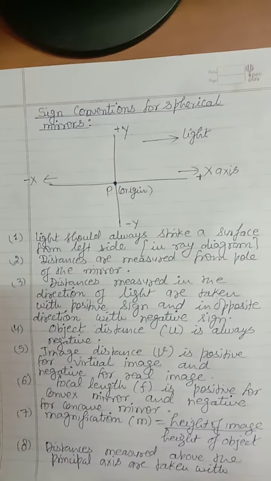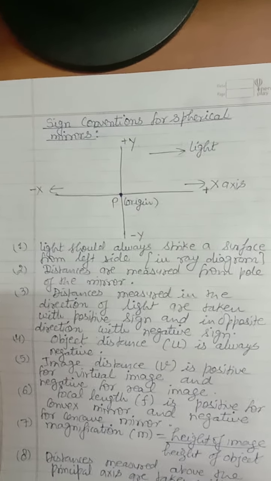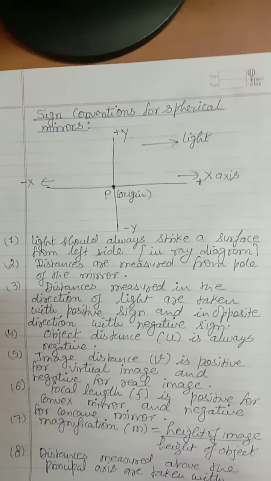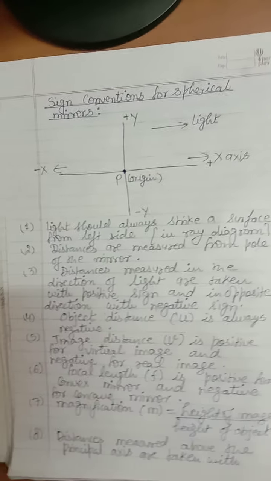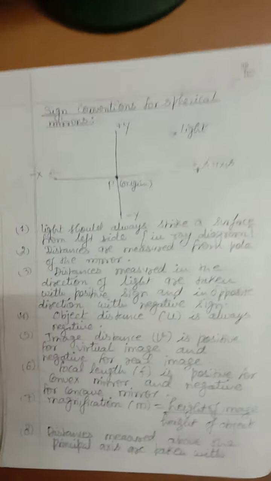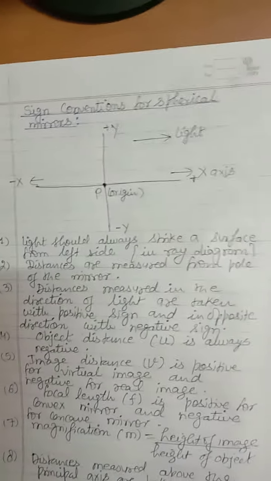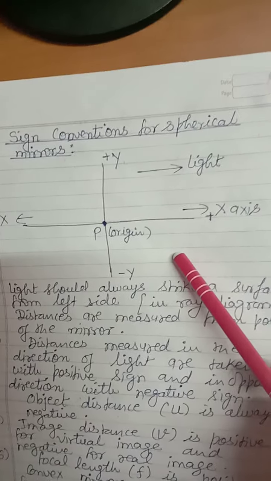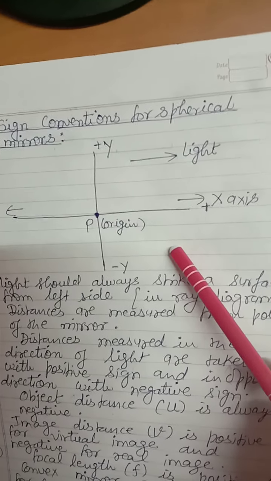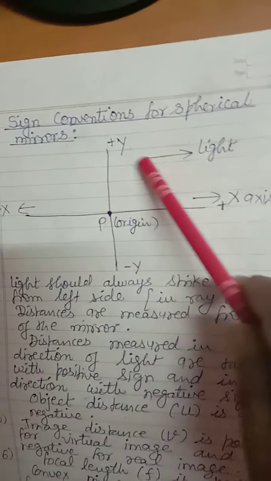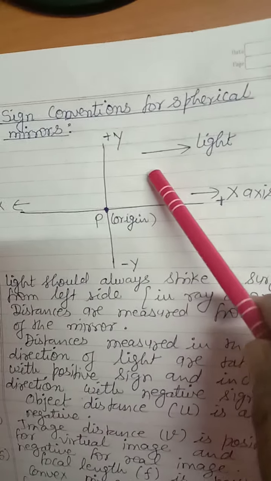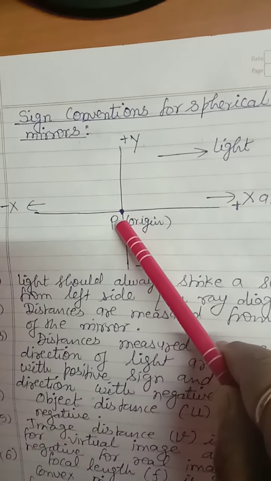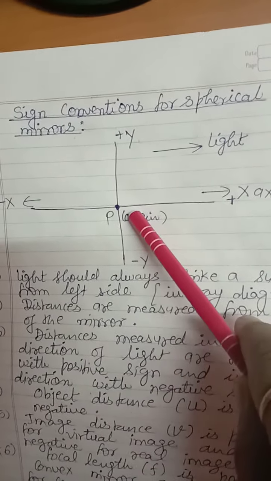That's why we need certain sets of rules while studying mirrors and lenses. So today we will study the sign conventions of mirrors. You can recall that in maths you have done graphs using the x coordinate and the y coordinate. Similarly, we draw two axes, x axis and y axis, and the point at the origin is our pole.